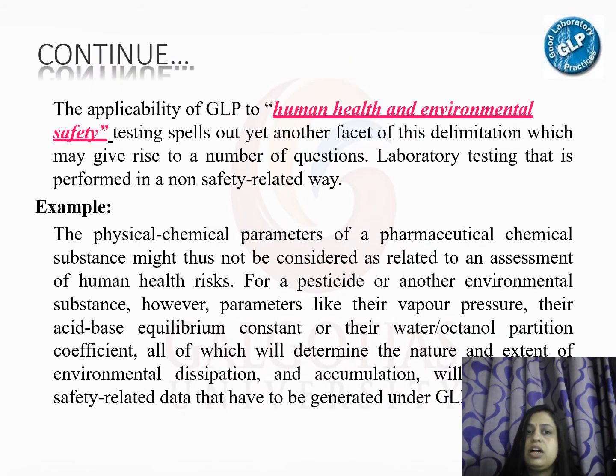So then, applicability of GLP to human health and environmental safety. This spells out yet another facet of this delimitation, which may give rise to a number of questions. Laboratory testing that is performed in a non-safety related way, such as physical chemical parameters of a pharmaceutical chemical substance, might thus not be considered as related to an assessment of human health risk for a pesticide or another environmental substance.